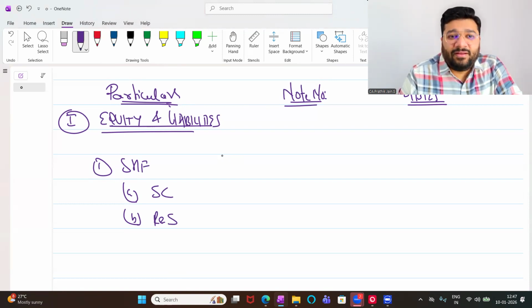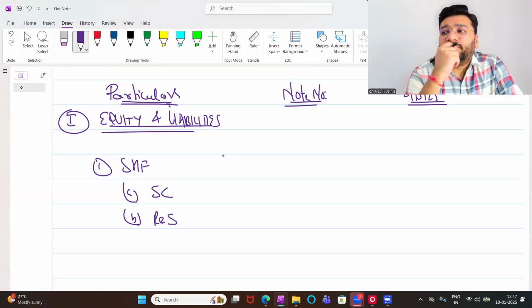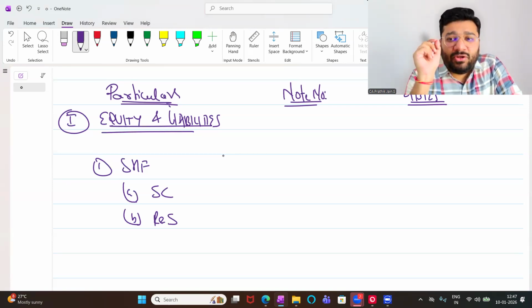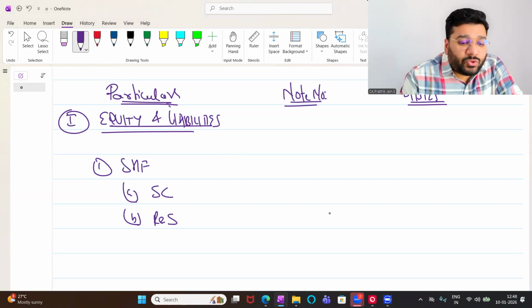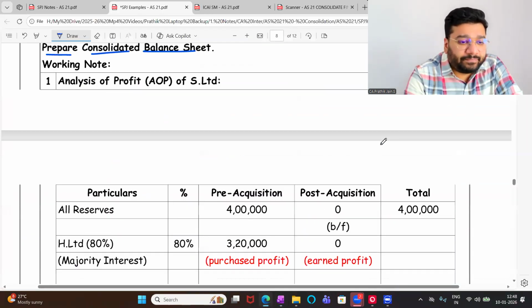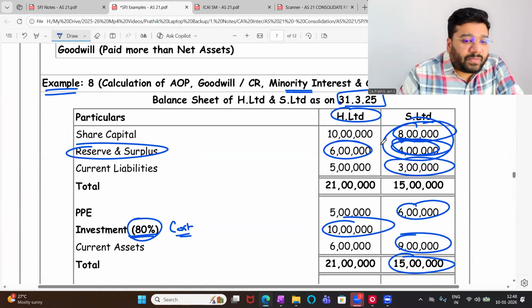Now, share capital, I told you, when you prepare consolidated balance sheet, only share capital of holding company will come. Share capital of S Limited will not come. Why? Because it is knocked off against investment. So what is share capital of holding company? 10 lakh rupees.